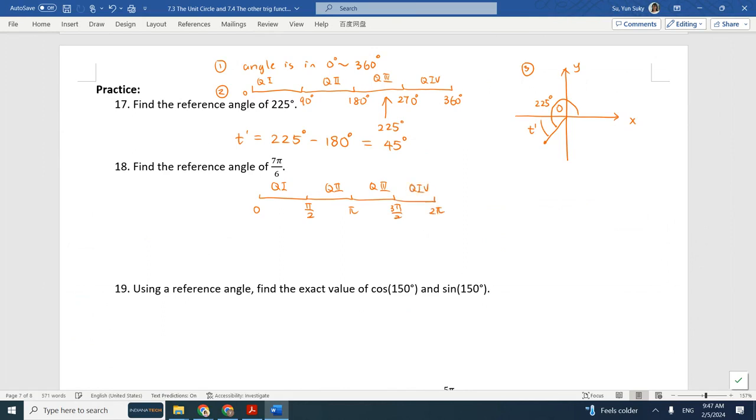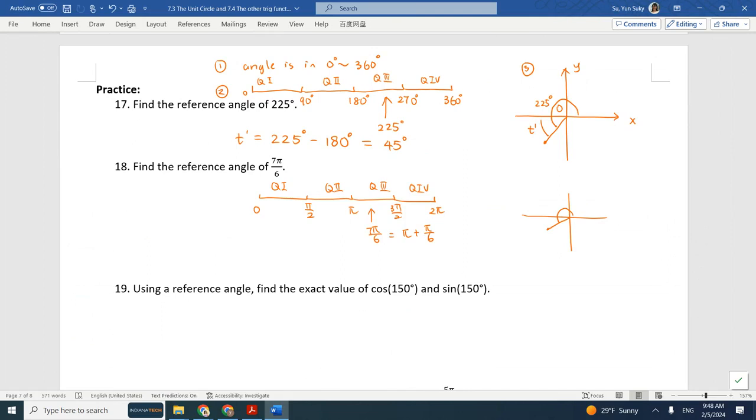Where is 7 pi over 6? Yes, 3. 7 pi over 6 is here. And do you see it's actually pi plus what? Pi over 6. 7 pi over 6, it's like 6 plus 1 on top, right? So it's pi plus pi over 6. Draw the picture. It's pi plus pi over 6.